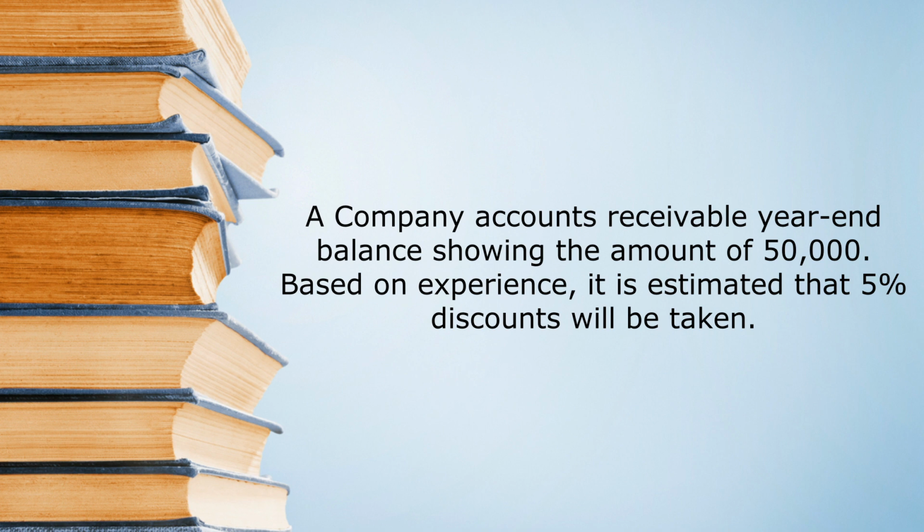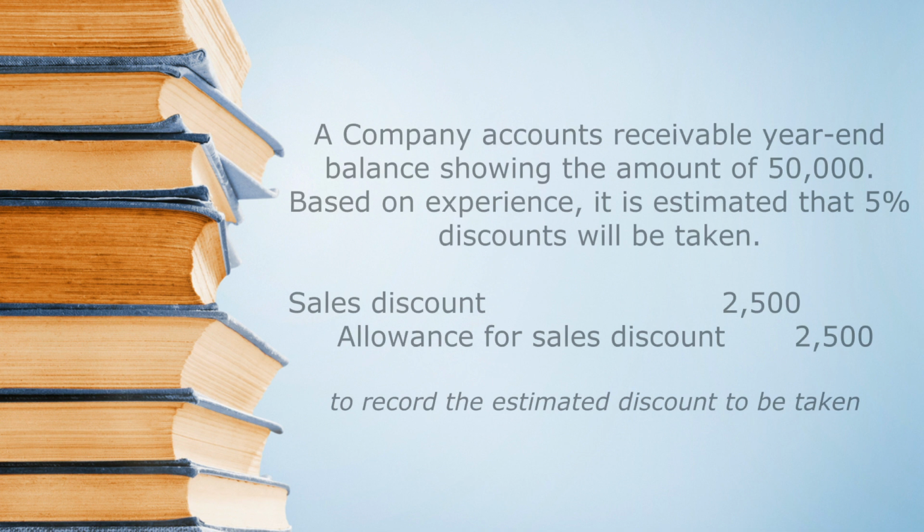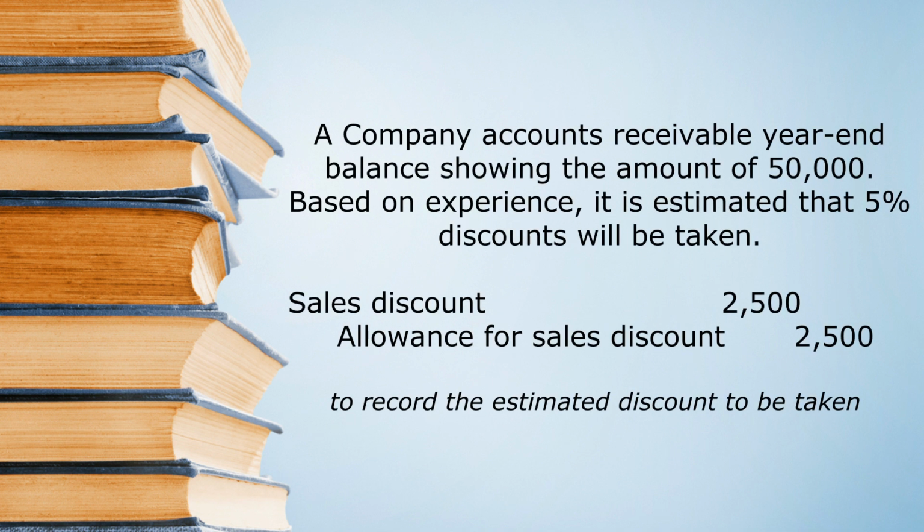So to recognize the expected sales discount, the company should record a debit to sales discount 2,500 and a credit to allowance for sales discount 2,500. Note that the adjustment may be reversed at the beginning of the next period so that discounts can then be charged normally to the sales discount account.